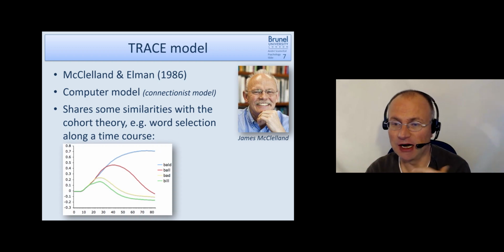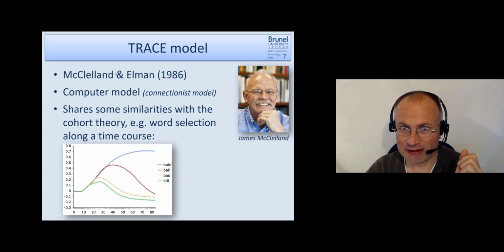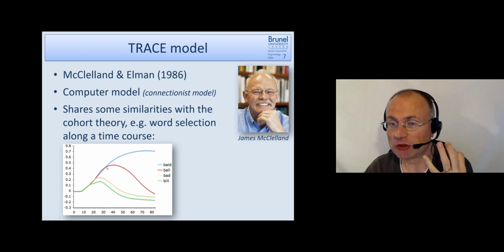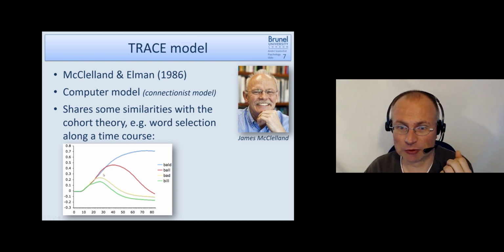And this is now a graph about the activity of different words in this TRACE model when different input is received. And this looks pretty much like the cohort model would predict as well. In the beginning, all words, like the green one is bill, the yellow one is bat, the red one is the activation for ball, and the blue one is bald, and this is the one which is then finally selected.